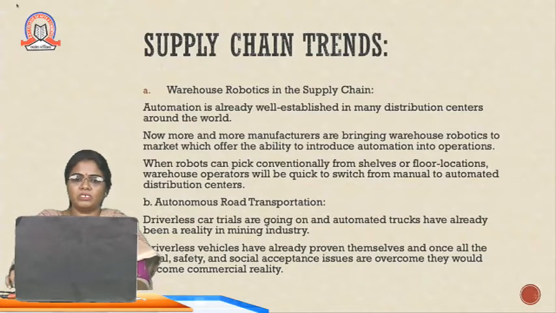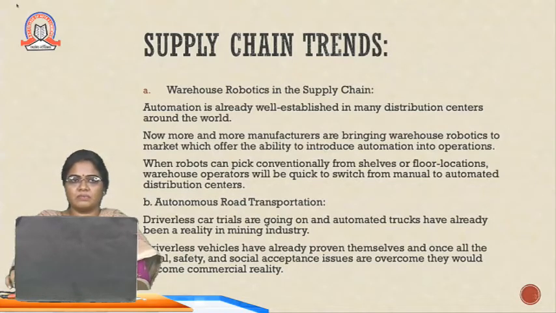When robots can pick conventionally from shelves or floor locations, warehouse operators will be quick to switch from manual to automated distribution centers.